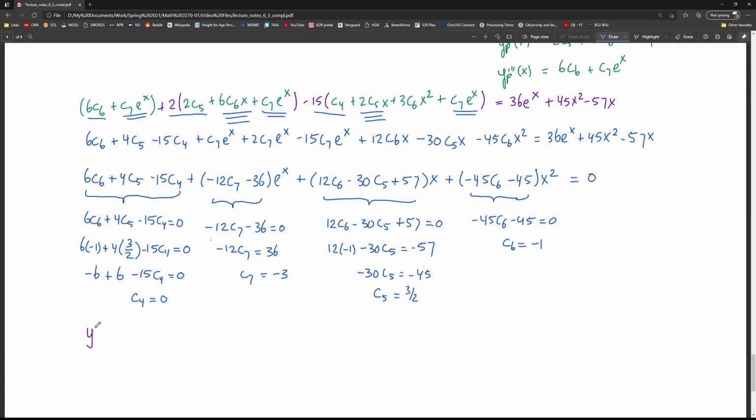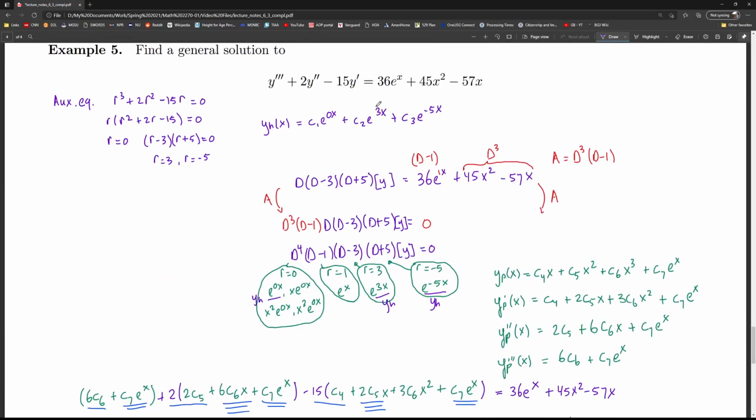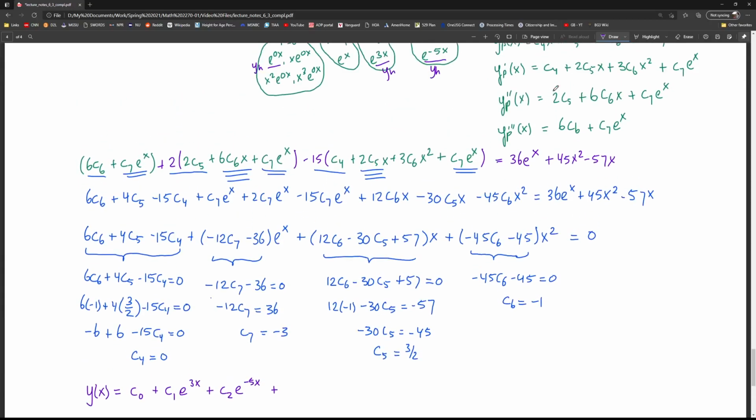The general solution y of x equals, and then first we take care of the homogeneous solution, right? c0 plus c1 e to the power 3x plus c2 e to the power negative 5x, and then plus, and then I need to get my particular solution right there.